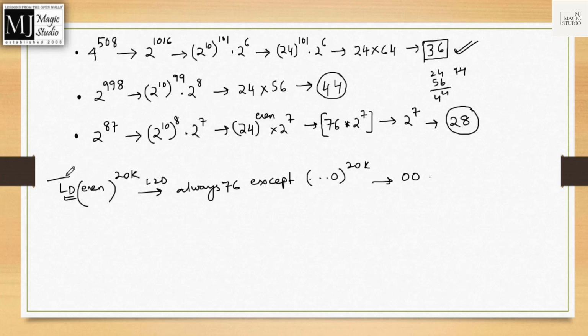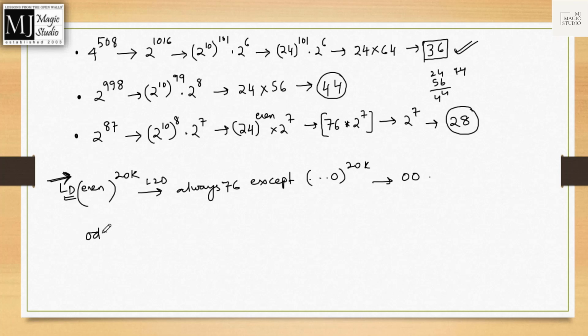So these are the very important notes for big numbers. If power is in the form of 20k and we have an even number not ending with 0 but ending with either 2, 4, 6 or 8, last two digits will be always 76. We can prove this with the notes which we have done till now.